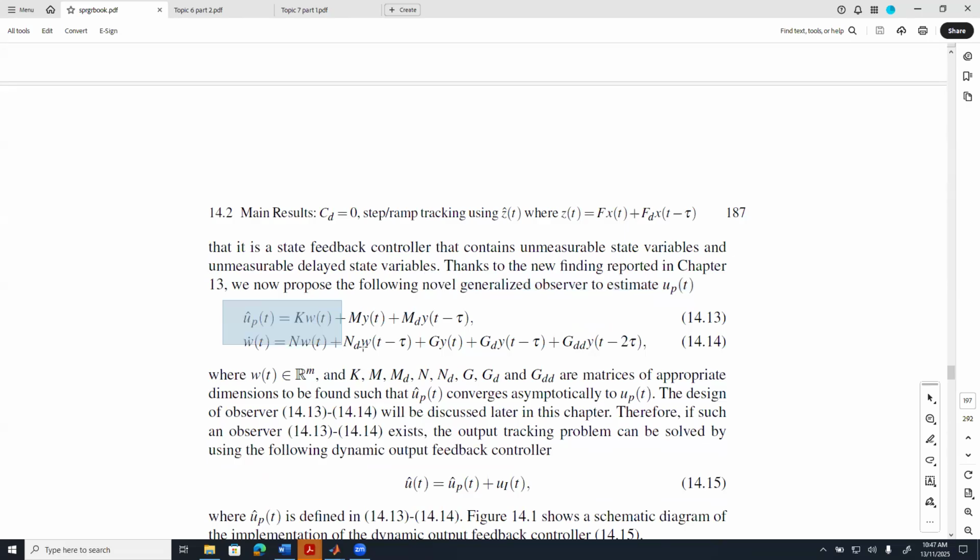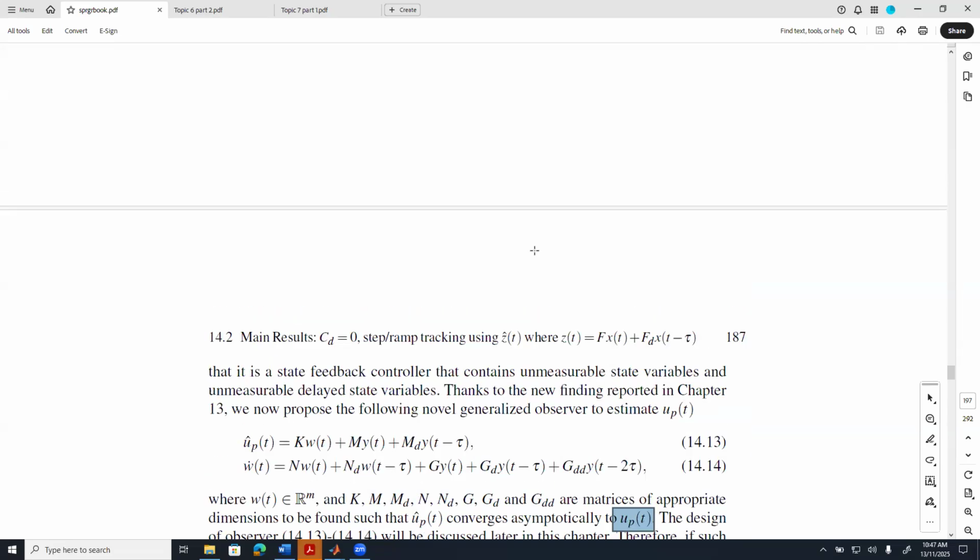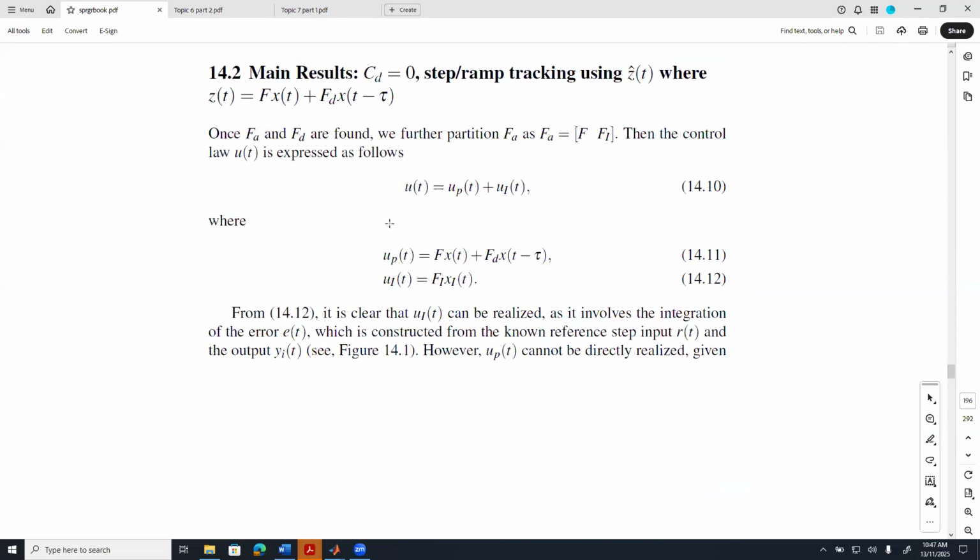The observer that we come up with contains just the available output measurements, and it's an observer with an internal delay. And the problem there is how do we find all of these parameters so that we can ensure that the estimation of the control law here asymptotically converges to the one that is based on the assumption that everything is available.